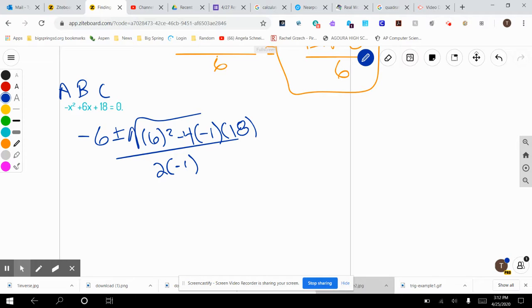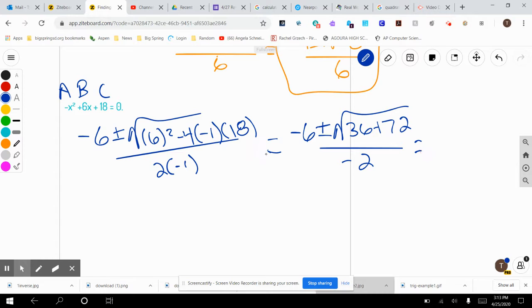Negatives are fine as long as they don't end up as our final answer inside the square root. Okay, so that'd be negative 6 plus or minus the square root of 36. Now I have two negatives here, so basically that's plus 72, all over negative 2. So that would be negative 6 plus or minus the square root of 108, which is not going to be a nice square root.